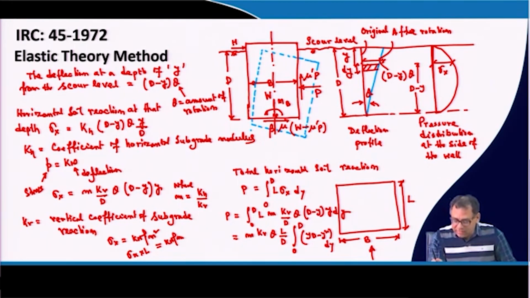So, the summation of these three moments will be equal to the applied moment. Okay. Because the applied moment direction is from left to right, and the direction of the other three moments is from right to left.